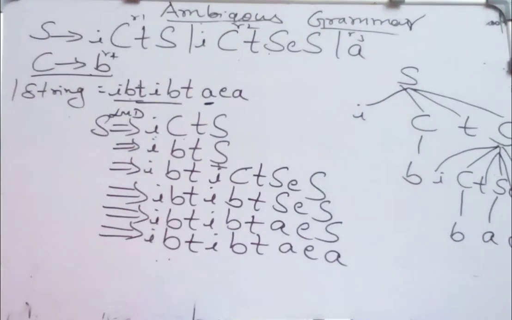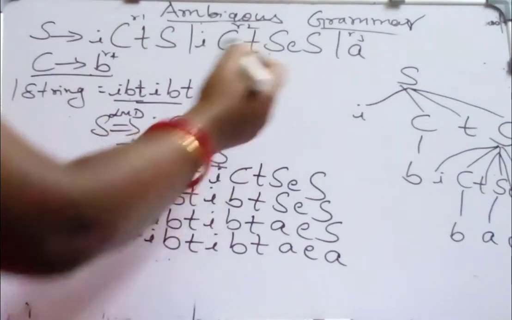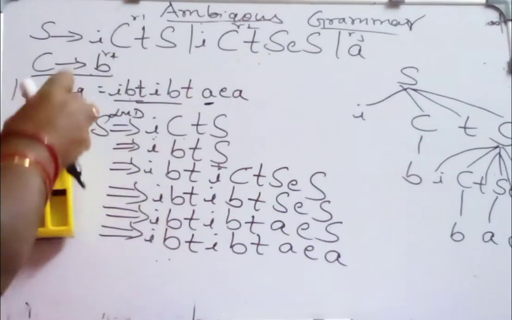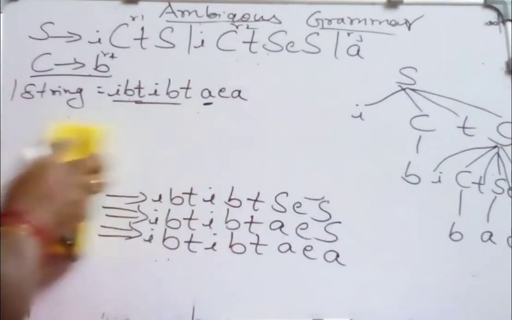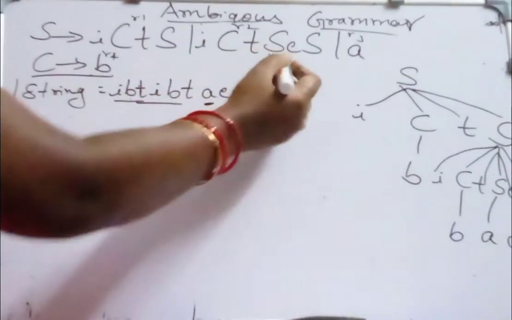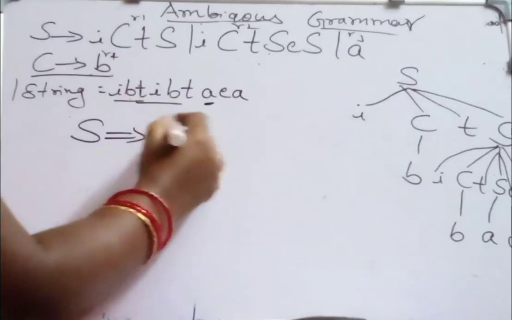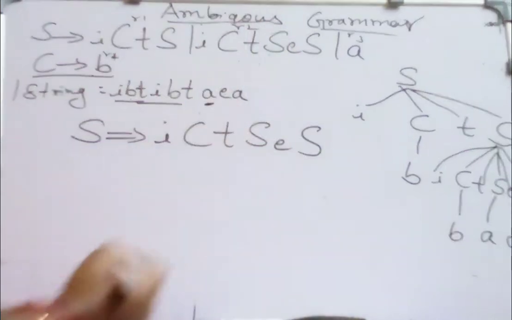Let's see how I am going to get the same parse tree. Just by taking rule number 2 also we can derive the same string. I am taking rule number 2, S derives iCtSeS.